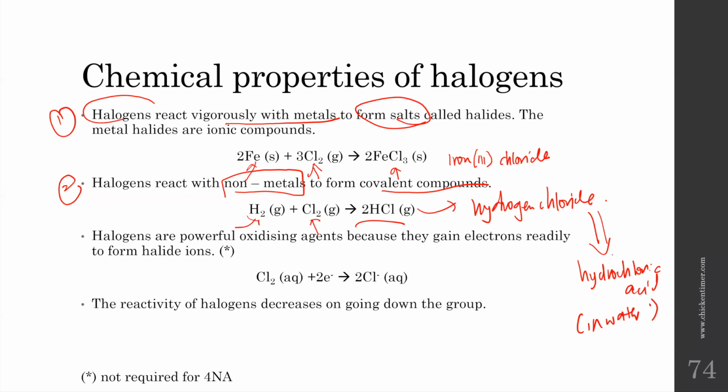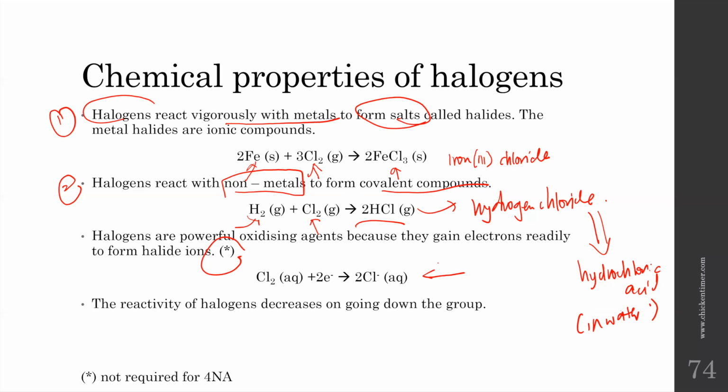Number 3 reaction, you see a star here. That means you don't need it for your Sec 4 exam, but you will need it if in the future you want to continue to Sec 5. So halogens are called oxidizing agents because they gain electrons readily. But I'm not going to continue talking about this.